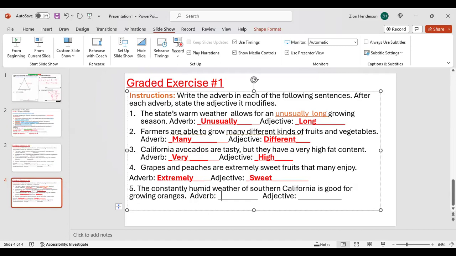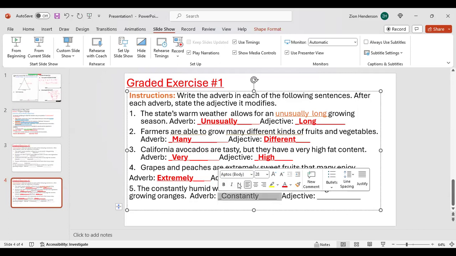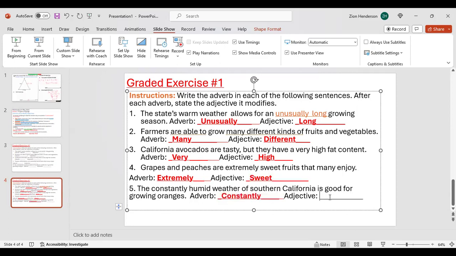Constantly, very good. And what's the adjective? Humid. All right. Anyone got all 5 right? I did. I got all 5 right.